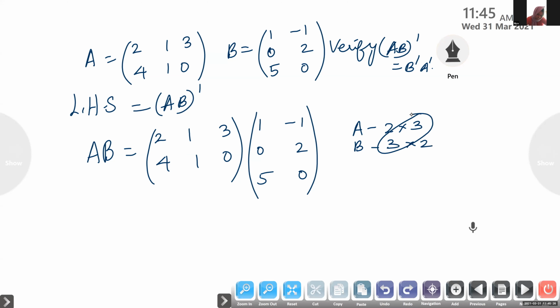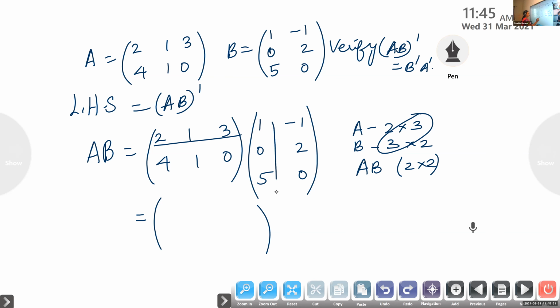The number of columns of the first matrix should be the same as the number of rows of the second matrix. So when you find AB, you will get a 2 by 2 matrix. So find out what is AB.